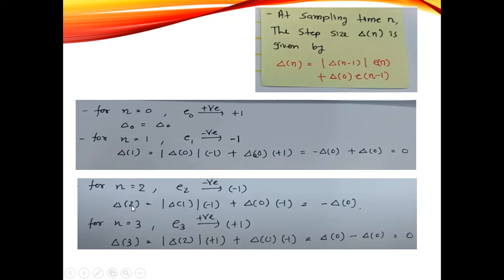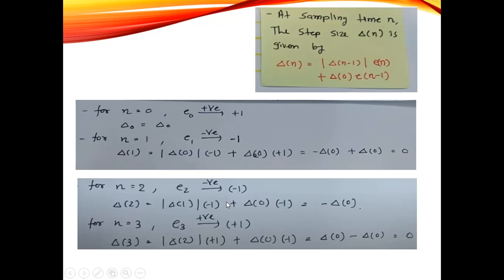Now, delta of n, delta of 2, depends on delta of n minus 1, that means delta of 1, which is the previous sample. e of n is minus 1, because the input signal is less than the sample, plus delta 0 and e of n minus 1. e of n minus 1 is minus 1. Therefore, this gives minus delta 0.